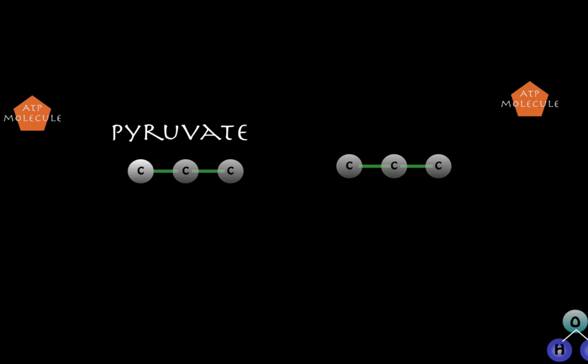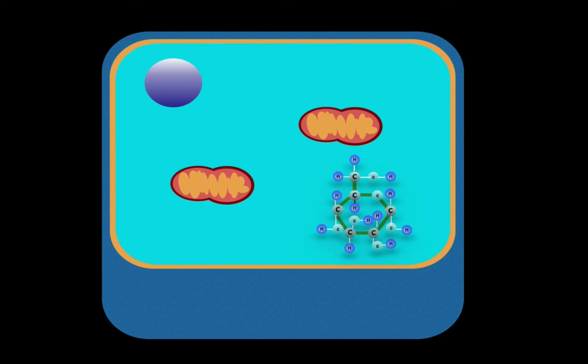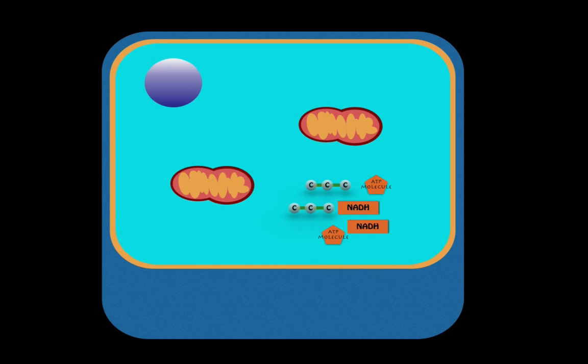But that's for another class. So just in summary, your glucose molecule is too large to go into your mitochondria. So it goes through a process to break it down into two 3-carbon molecules with a net production of 2 ATP and 2 NADHs, right?